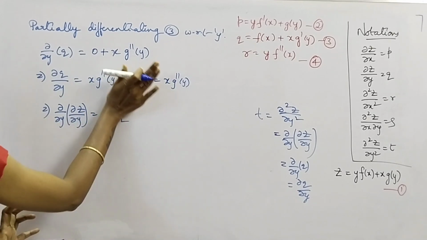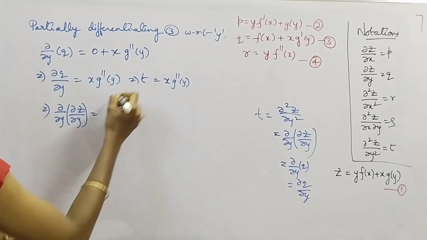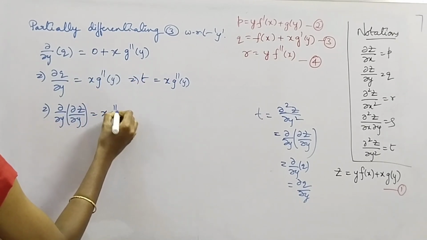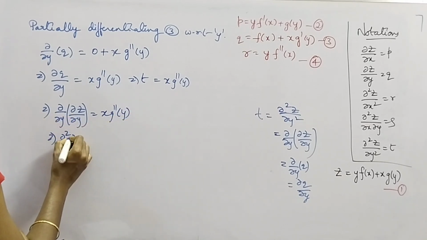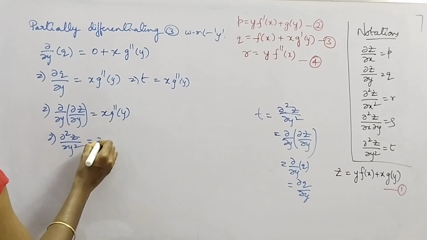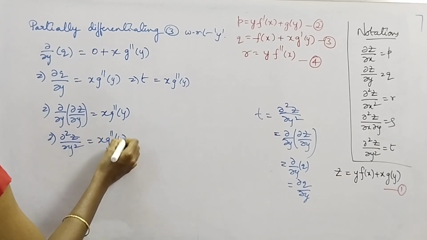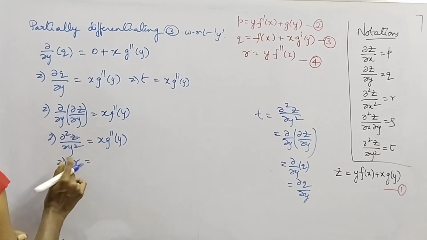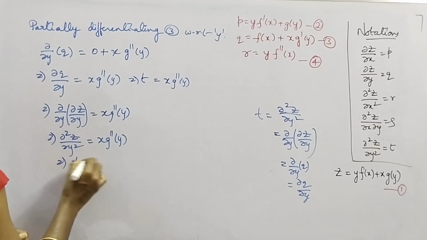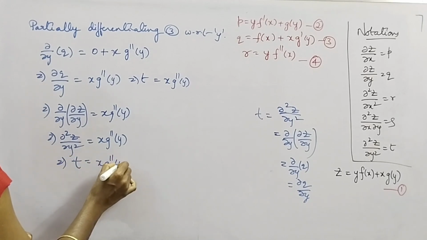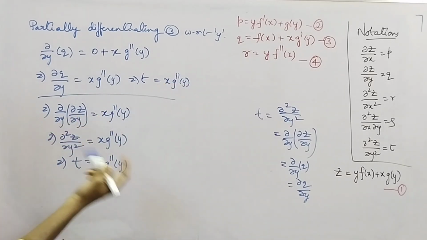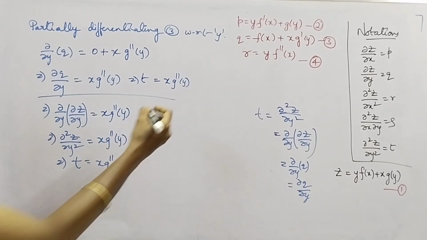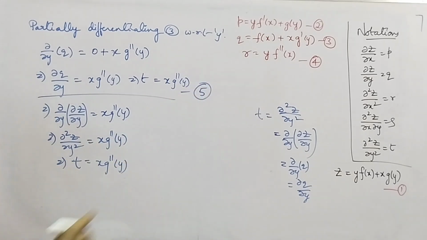Or you can extend two more steps if you want. You can write this as ∂²z/∂y², that's nothing but t, right? t equal to x into g'' of y. You can just finish it here, or you can write these steps also. Fine. Now consider this equation as equation number 5.